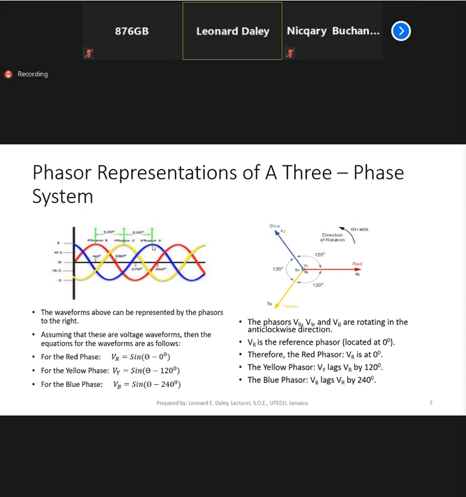The blue is rising here, and it crosses the horizontal axis at 240. So that is how you can tell what the phase shift is between them. You could either look at where they peak, as shown on this diagram, or you could look at where they cross the horizontal axis as they are rising. All right. So Vy lags Vr by 120, Vb lags Vr by 240.